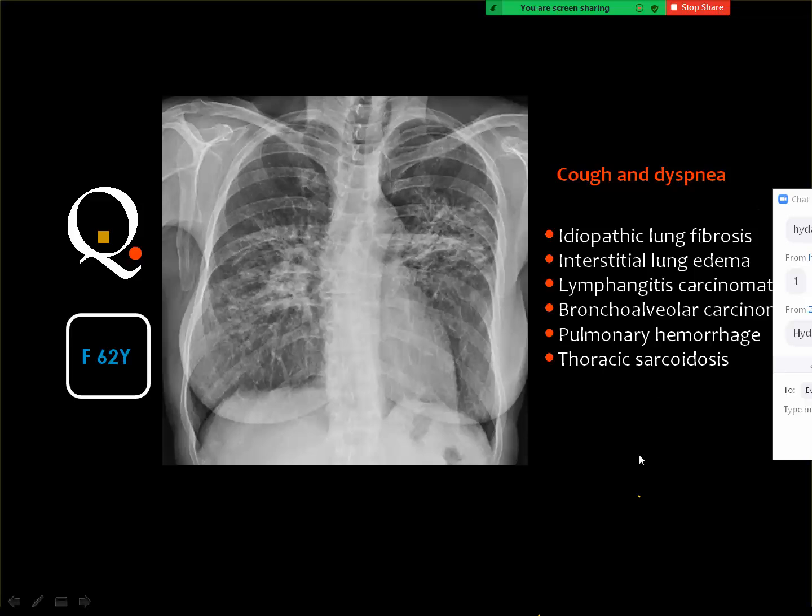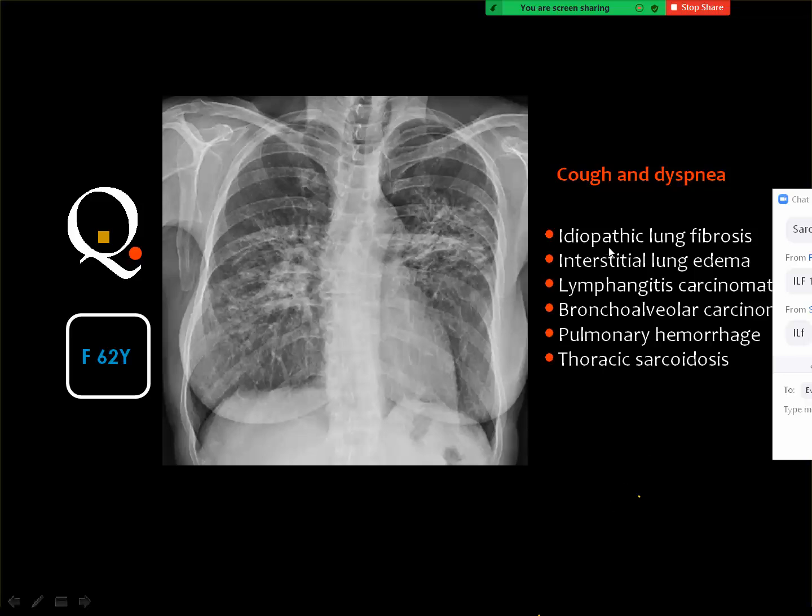And these are the possibilities: fibrosis, interstitial edema, lymphangitis carcinomatosa, bronchoalveolar carcinoma, hemorrhage, and thoracic sarcoid. Very good. Sarcoid is the right answer.